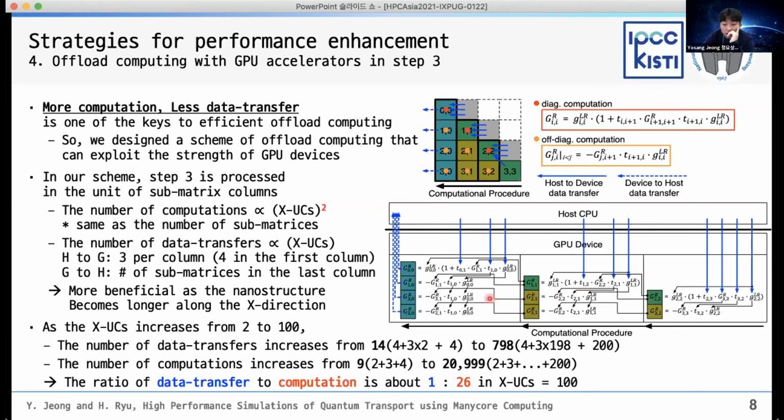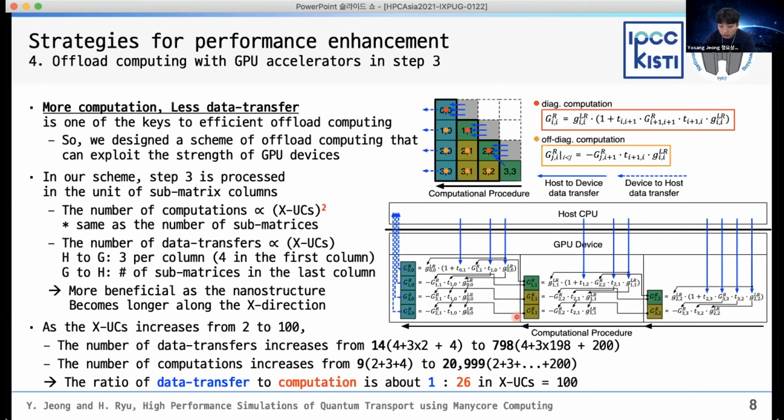And the number of data transfers from GPU to host, which only happens in the last column, is the number of submatrices in the last column. Therefore, our scheme of offload computing becomes more beneficial as the nanowire structure becomes longer along the X direction.